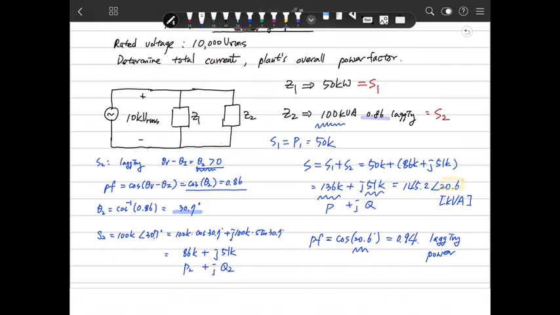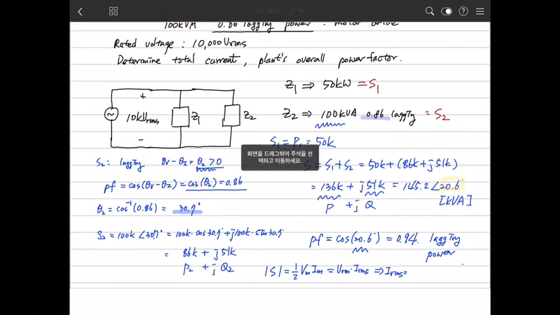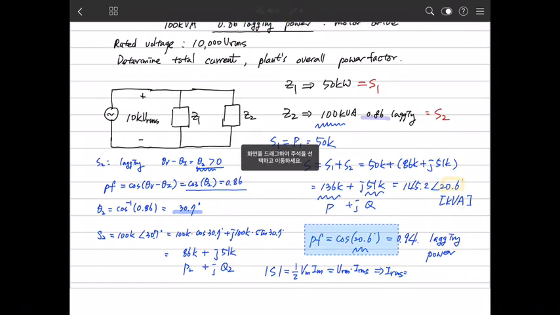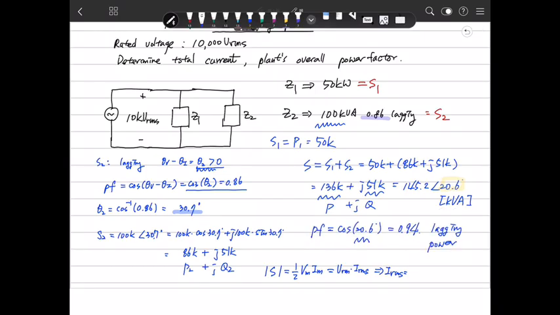Then we can calculate the current. Because the apparent power is half of V magnitude and current magnitude, or V RMS and current RMS, so current RMS is 145.2 kilo divided by 10 kilo.